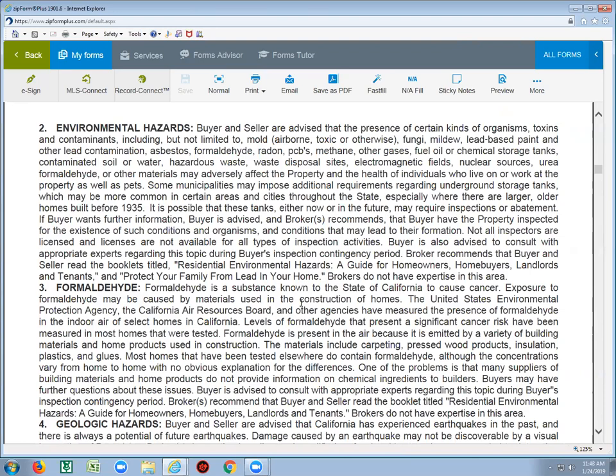The buyer is also advised to consult with an appropriate expert regarding this topic during the buyer's inspection contingency period. Brokers recommend that buyer and seller read the booklet Residential Environmental Hazards: A Guide for Homeowners, Home Buyers, Landlords, and Tenants, and Protect Your Family from Lead in Your Home. Brokers do not have expertise in this area. The booklet is also available by email on the zip form.